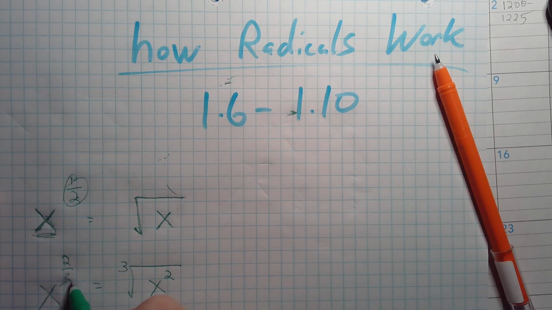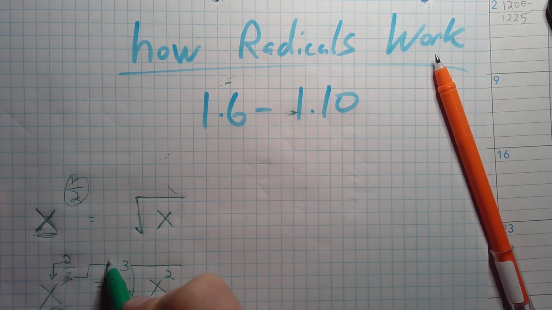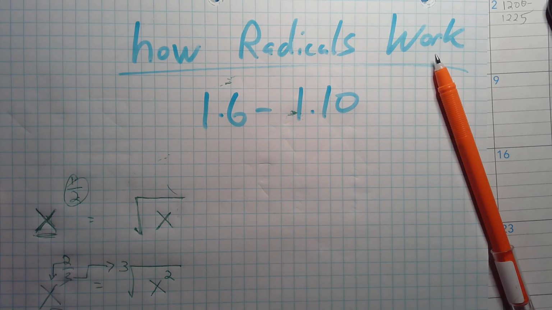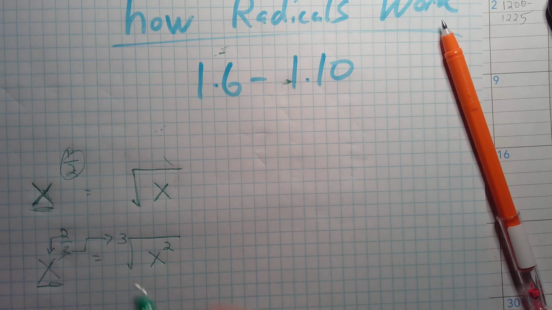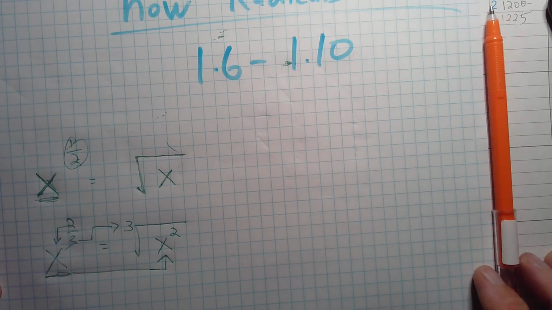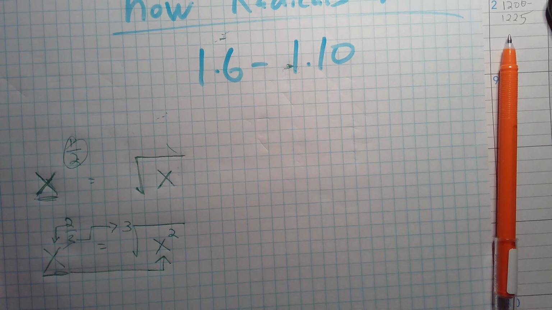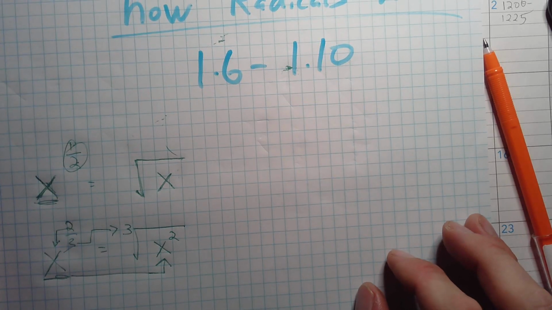This becomes your radicand, this becomes the exponent of your radicand, and this becomes the index of your radical. That's how all of that works there.